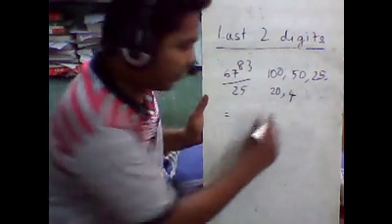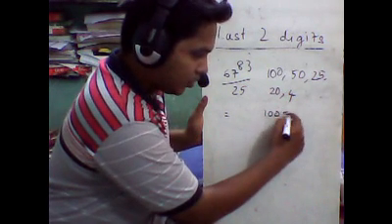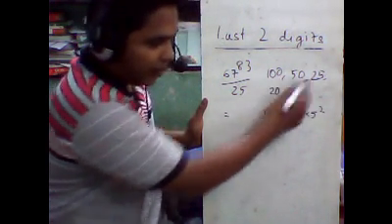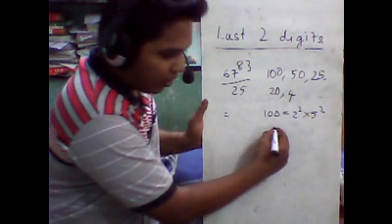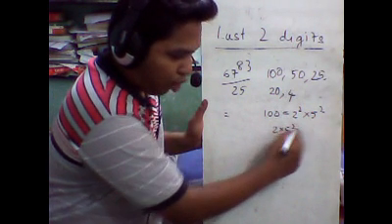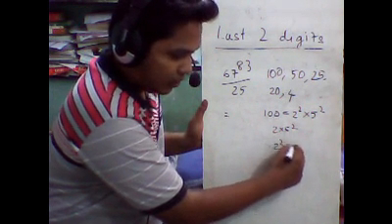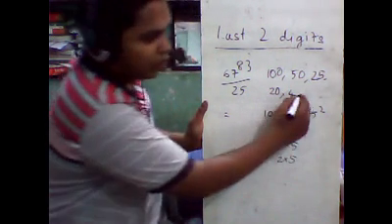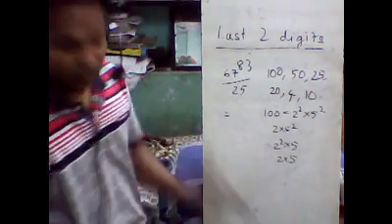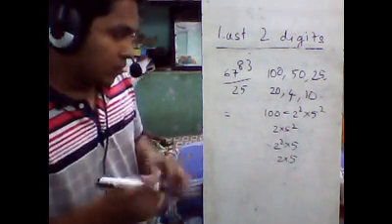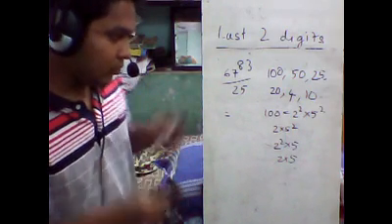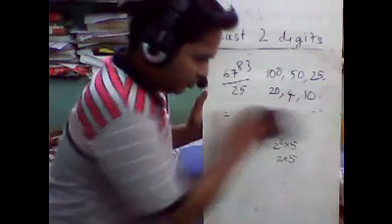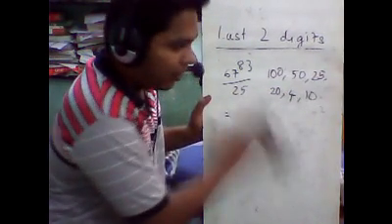Why is this working? 100 is 2 square into 5 square, and 50, 25, 20 are all 2 into 5 square or 2 square into 5, etc. It works also for 10. For 10, we can just find the last digit itself, instead of finding the last two digits.